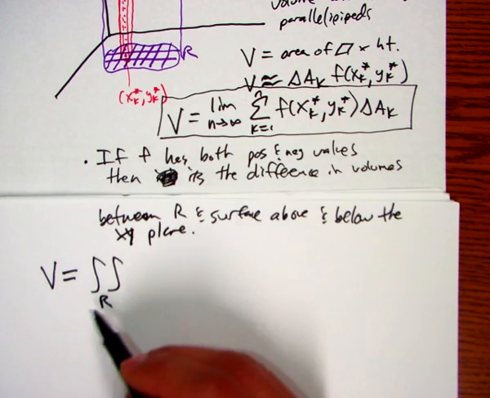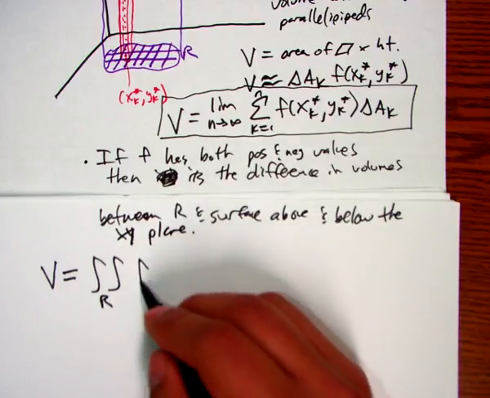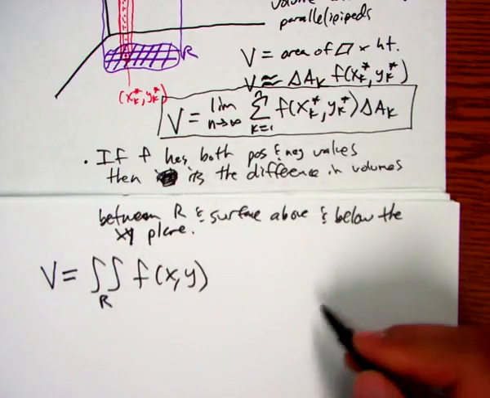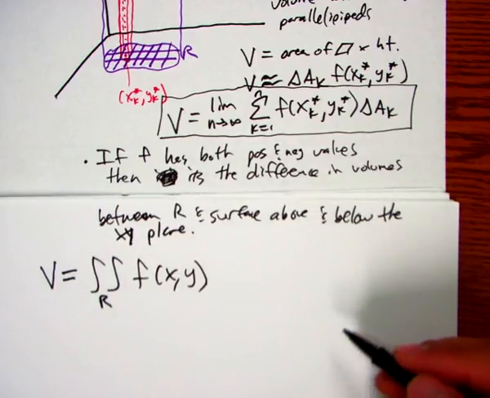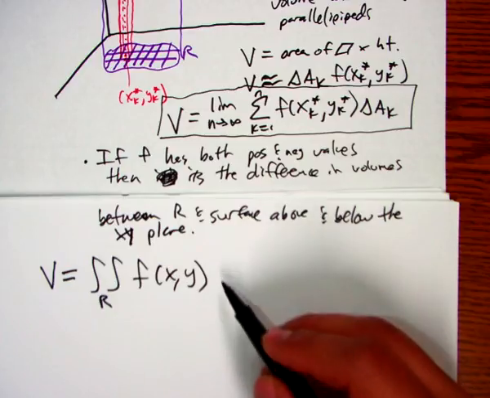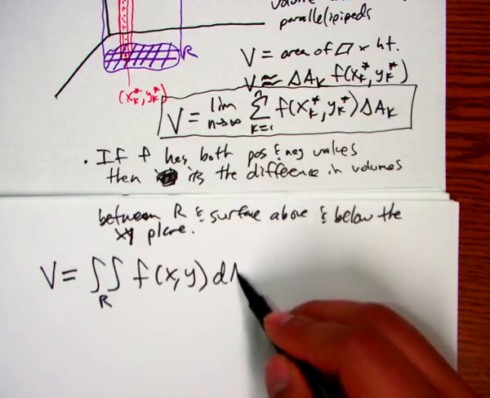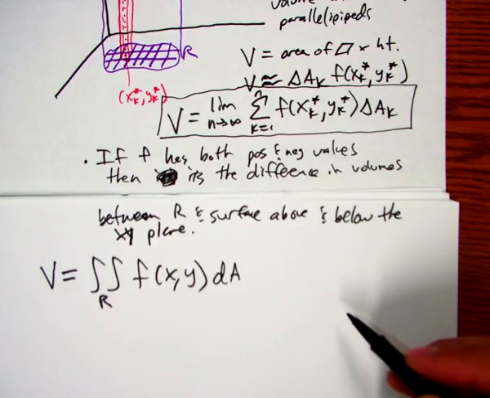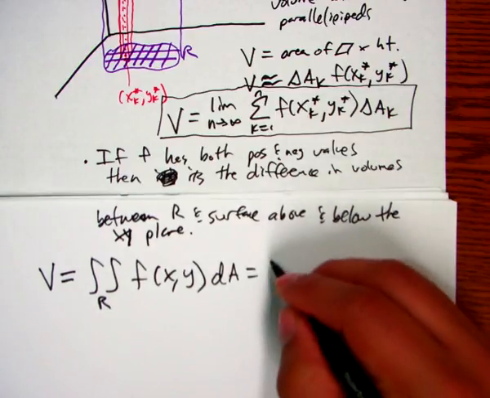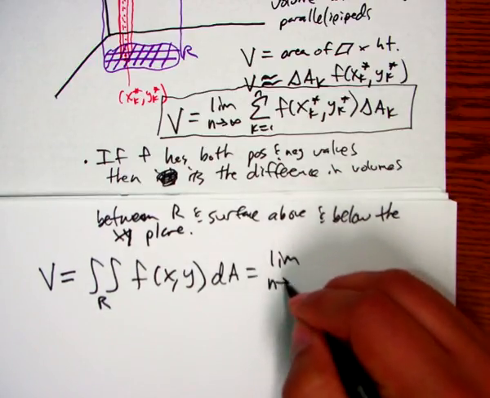So that'll go underneath the integral. We'll have our function, just like before f of x, now it's f of xy. And instead of dx, we're going to use dA to stand for area. Okay, and again, that's the limit as n approaches infinity.